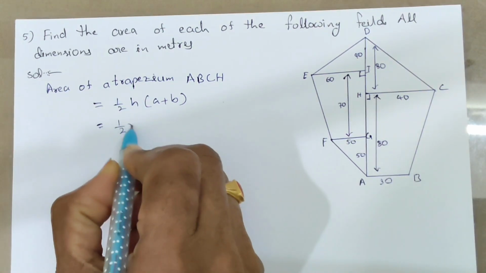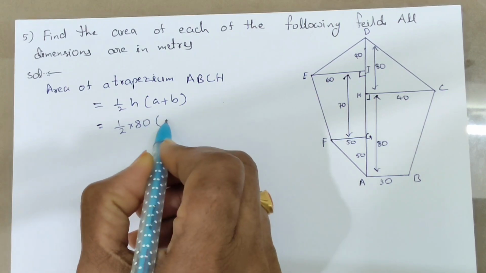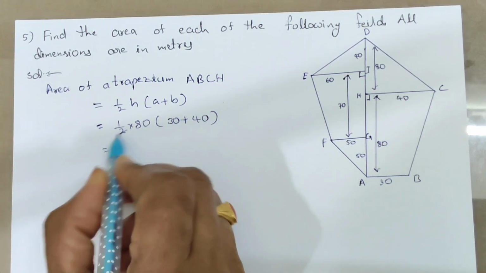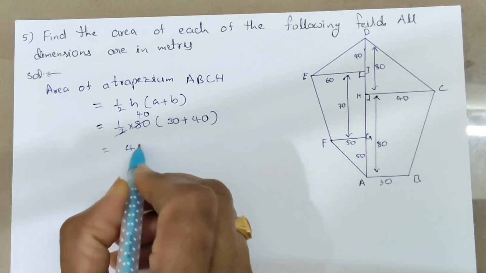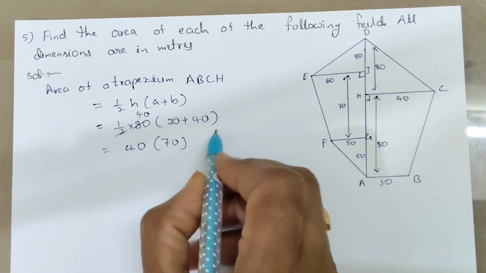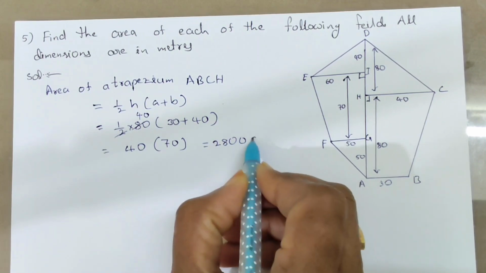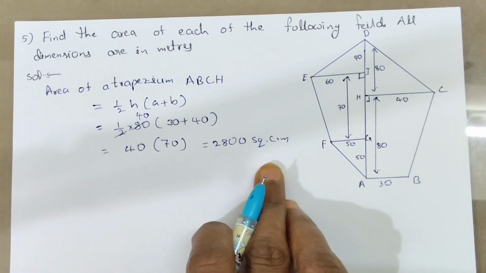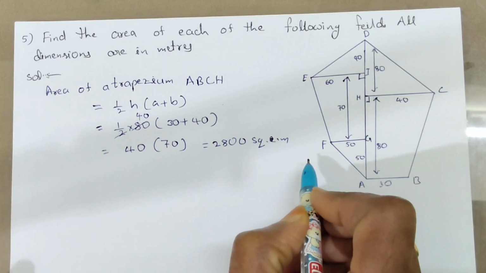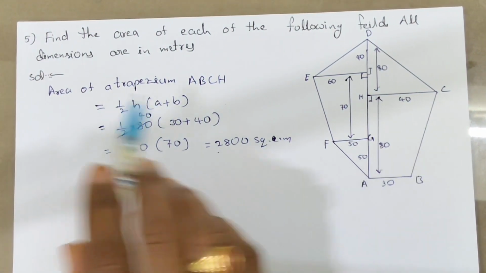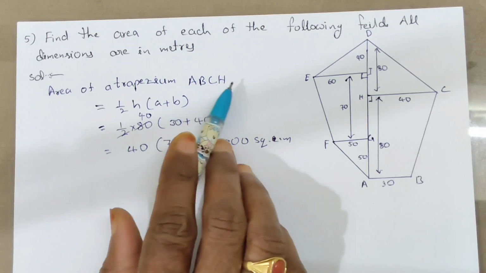So 1 by 2 into 80 into (a plus b), which is 30 plus 40. So 2 ones are 2, 2 40s are 80, 40 into 70 equals 2800 square meters. 2800 square meters is the area of trapezium ABCH.